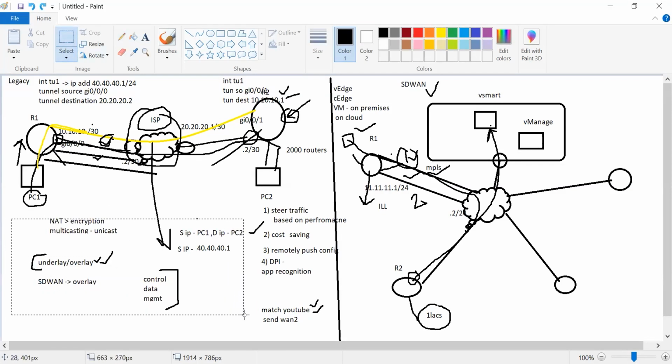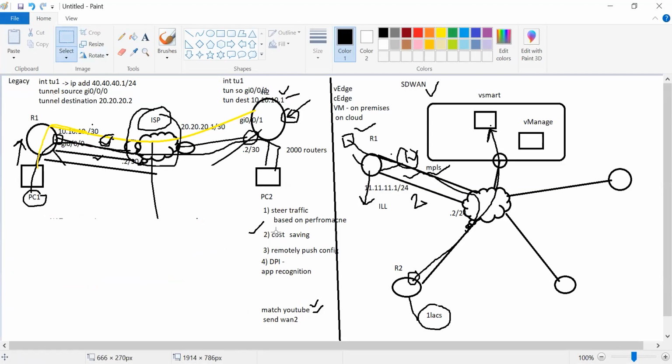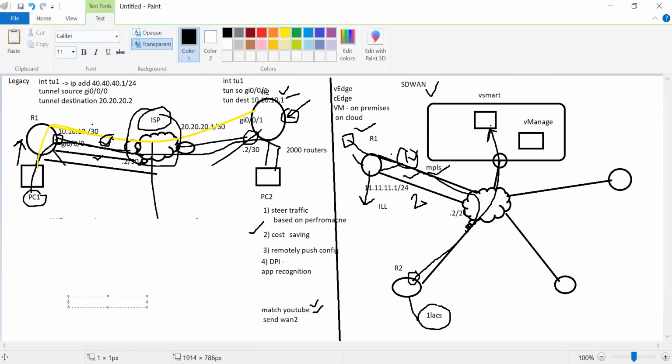There are many other things we will see, and also QoS, just as in traditional networking. Now, in traditional networking, even though we could configure the IPsec tunnels, here in SD-WAN we have SSL or TLS based tunnels, which are way more secure than traditional IPsec tunnels.